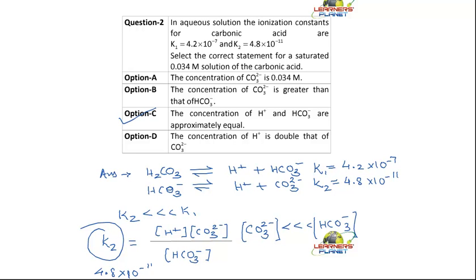So you try to work out the dissociation of that particular compound, whether it's in 2 steps or 3 steps, and then you can find out the concentration, not the exact but approximate values. You can get whether it would be equal or not equal. So this was the question from ionic equilibrium.